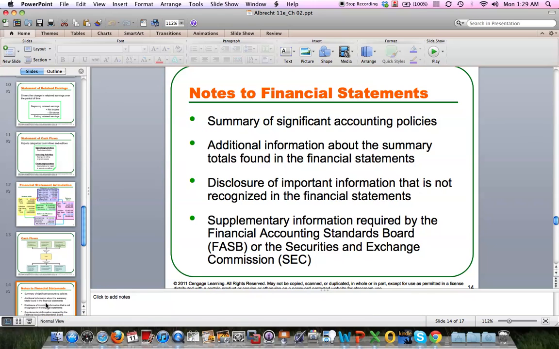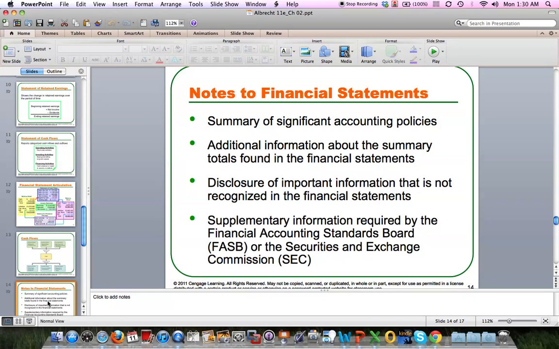Okay, next is the notes to the financial statements, and this begins on page 41, also on 42. Just think of the notes as the explanation of what the financial statements mean. It says a summary of significant accounting policies, so we're basically telling the user, here's everything you need to know about our financial statements.